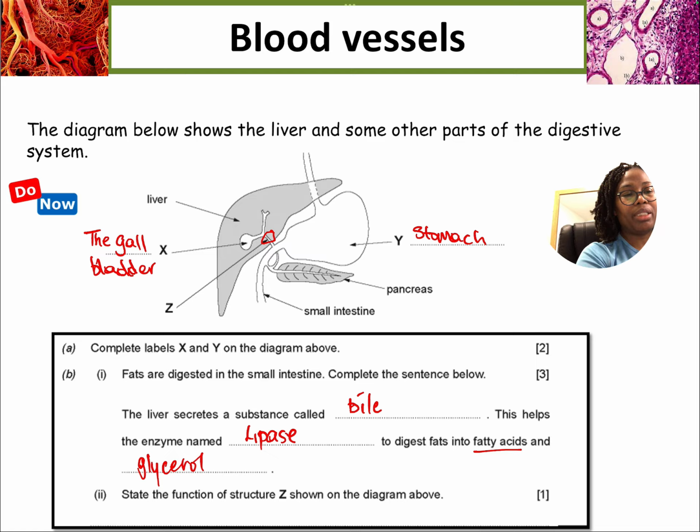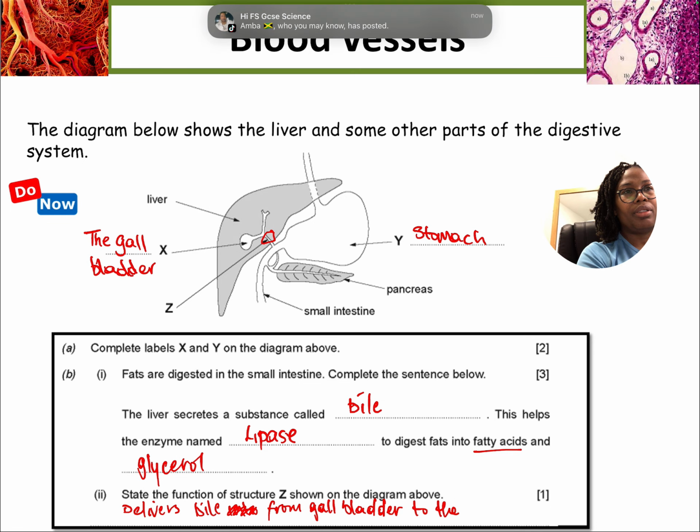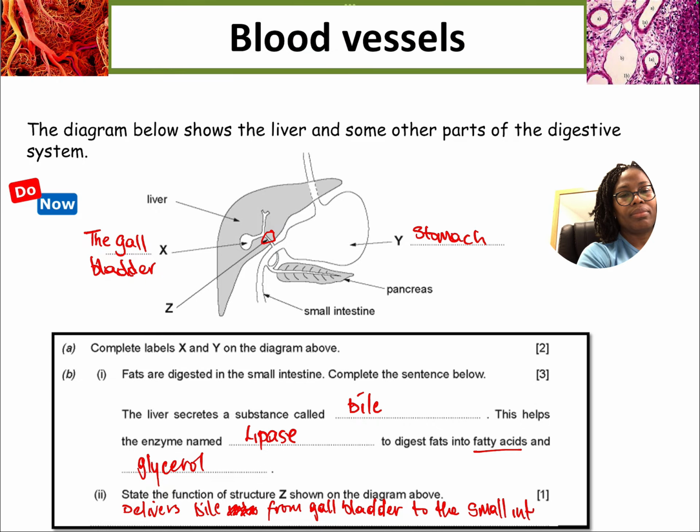It delivers bile from the gallbladder, sorry about the messy handwriting, to the small intestine. Okay, that bit is done.